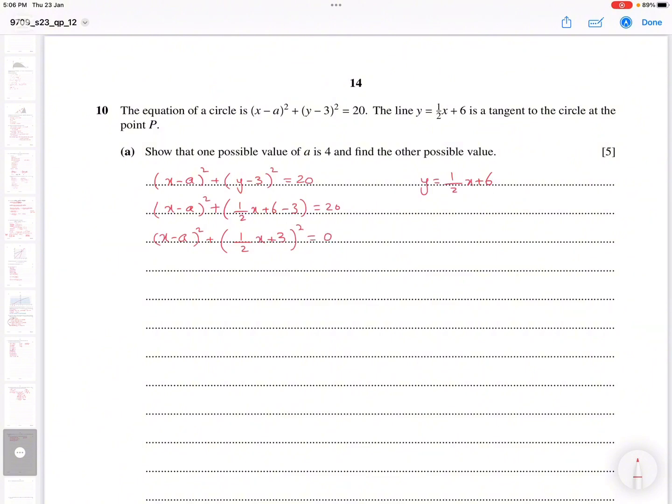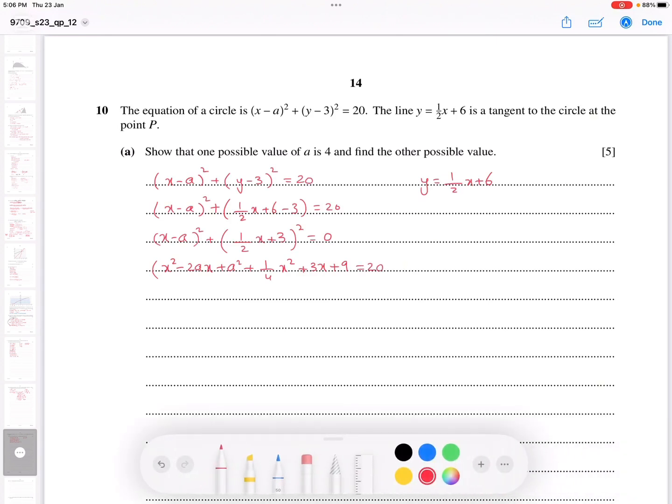Now open these brackets, so it becomes x square minus 2ax plus a square plus, now open the second bracket, it becomes 1 over 4x squared plus 3x plus 9 is equal to 20. Okay, no need to put the bracket here.